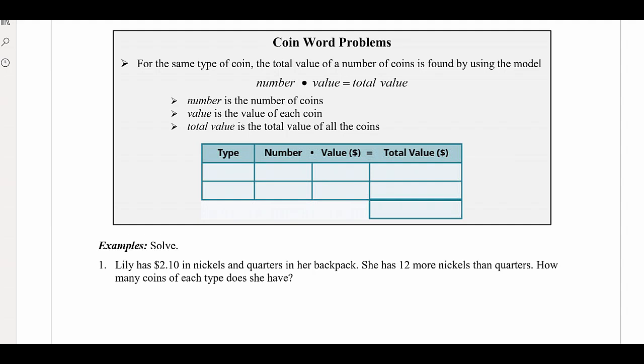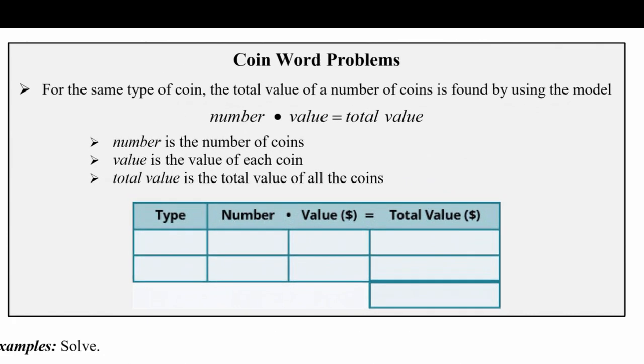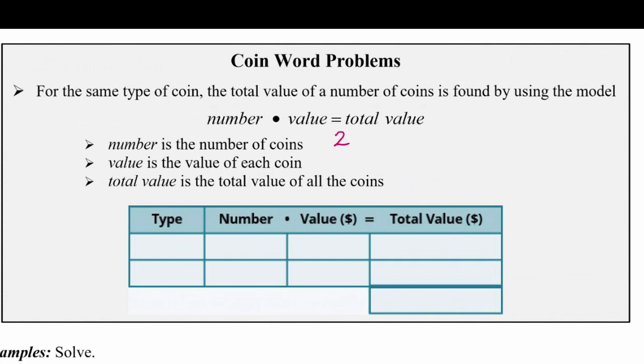For the same type of coin, the total value of a number of coins is found by multiplying the number of coins that you have times the single value of one coin. That will give you the total value of the coins you have. For example, if you have 2 nickels, the number is 2, the value of a nickel is 5 cents, or 0.05.